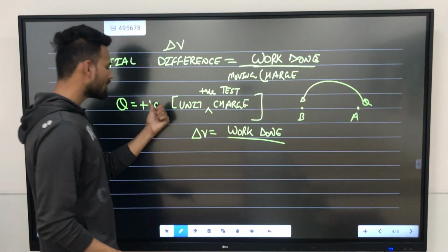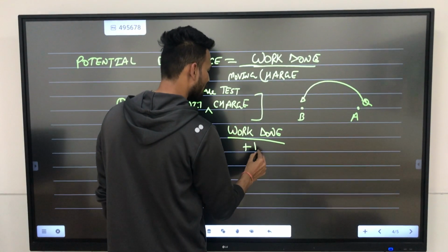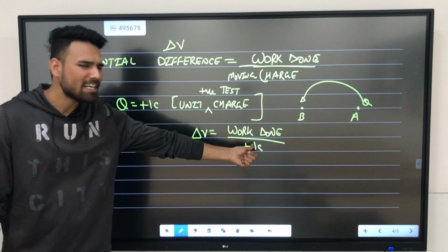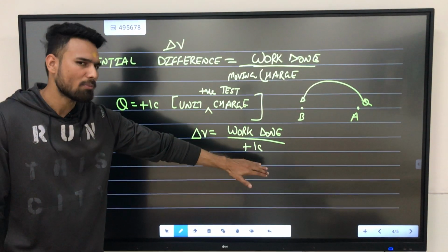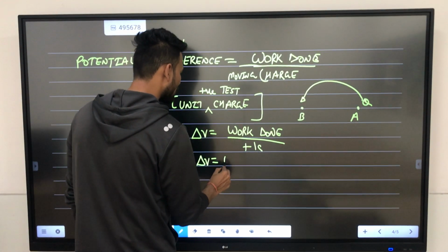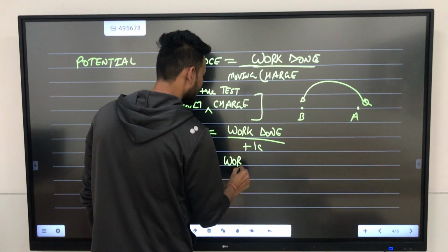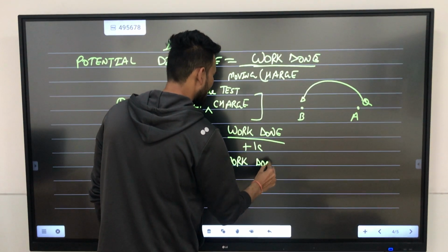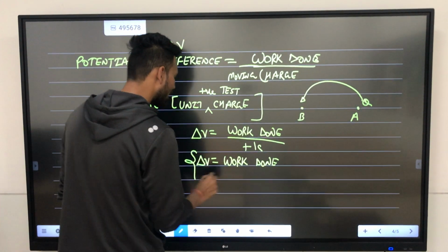And what was the moving charge? The moving charge was plus 1 coulomb. So we don't need to write 1 in the denominator. So yes, we can say that delta V will be equal to the work done. Am I clear or not? So how can we define the potential difference?